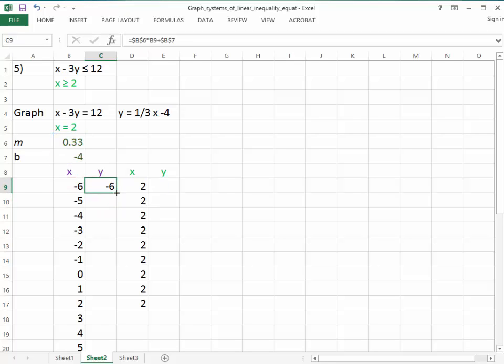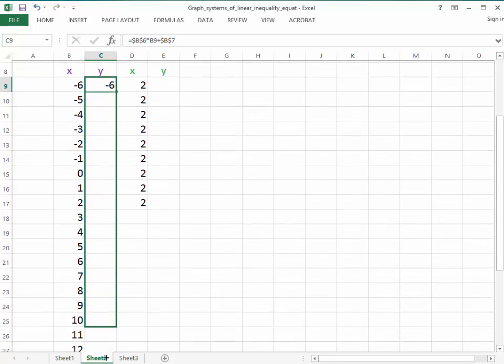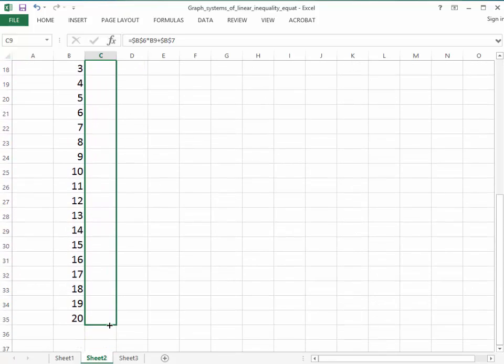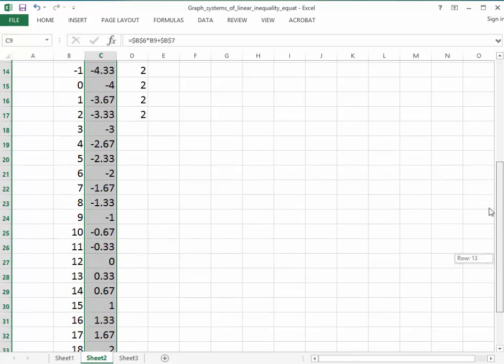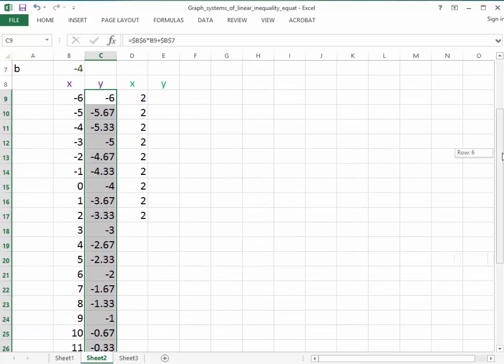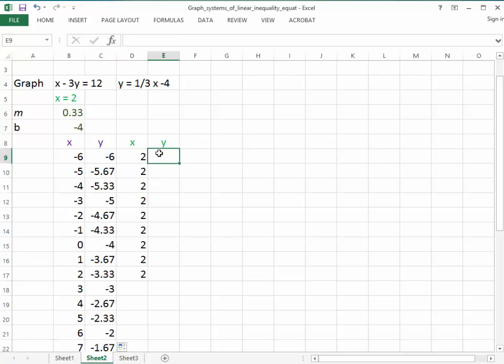And I'm going to copy this formula down as far as I'm going to go, which this time is up to 20. For the second equation, x is always 2, and I'm just going to put in numbers for the y. Let's say I take -6, -4, -2, 0, 2, 4, 6, 8, and 10.